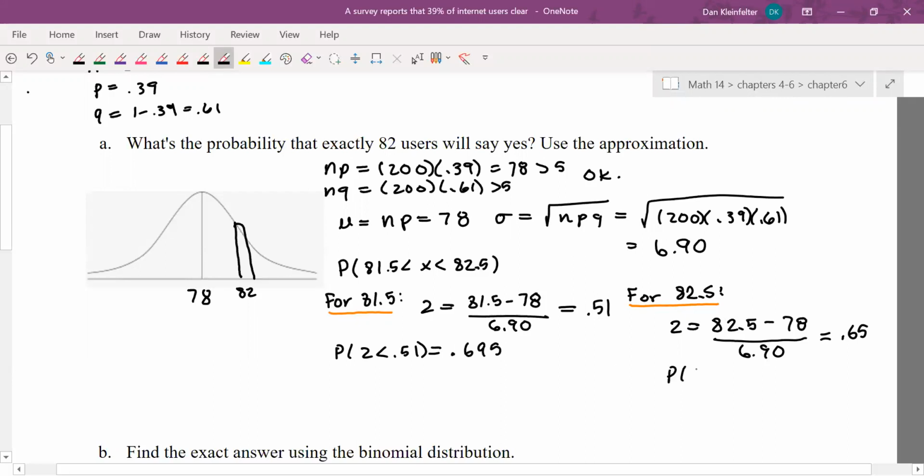And the probability that z will be less than 0.65 will be 0.7422. And so we want the area of that strip. So we'll have 0.7422 minus 0.695. So that's 0.0472.